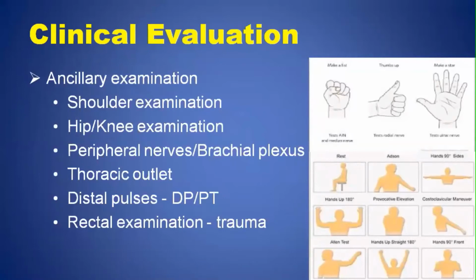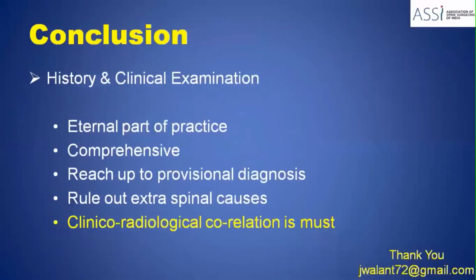There are certain simple tests and signs that you can perform in your day-to-day OPD practice to evaluate the extra-spinal etiology. Also, always feel and palpate the distal pulses, and rectal examination is a must in a trauma patient.